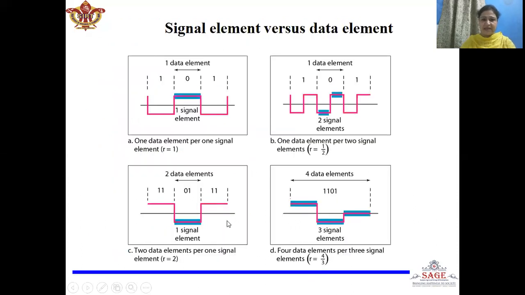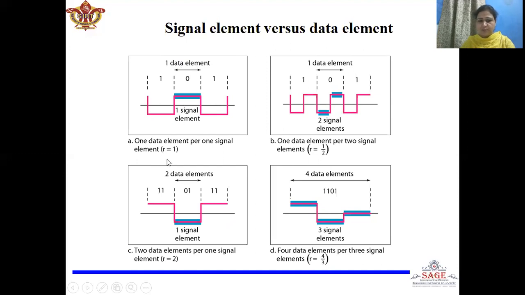Now, there are some examples. Here we can see the difference between the signal element and the data element. In the first figure, we can see that bit 0 is represented by a high voltage level, whereas bit 1 is represented by a low voltage level. That is, there is one data element for one signal element.